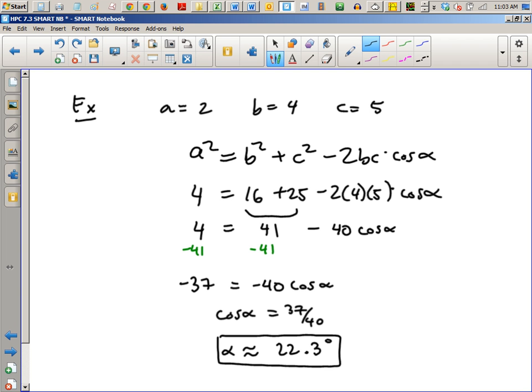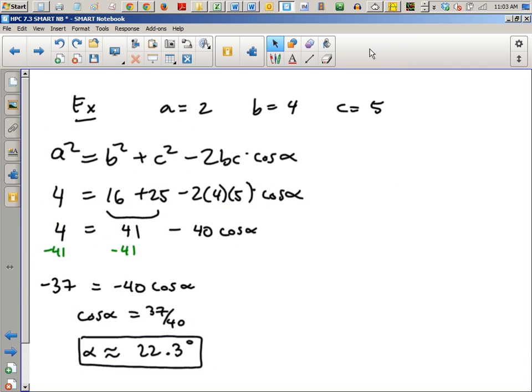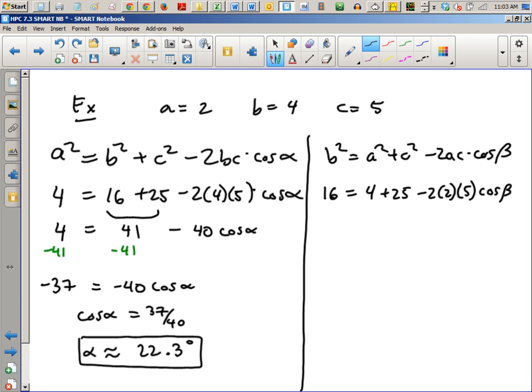Okay, when you're done with that one, you can pick a different version of the law. For example, now you can do b squared equals a squared plus c squared minus 2ac cos beta. And this will give you angle beta. So now it's 16 equals 4 plus 25 minus 2 times 5 cos beta.